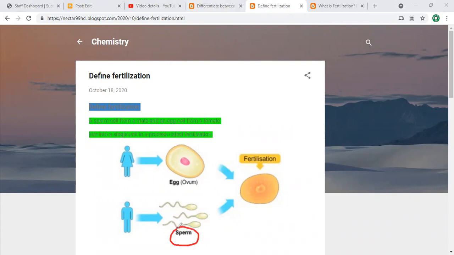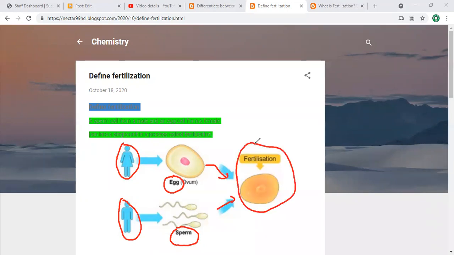These sperm cells come from a male. And from a female, the cells that come we name as egg. So when they combine together, what do they form here? Fertilization. This cell is formed. Then this cell converts into a new offspring or new individual or a baby.